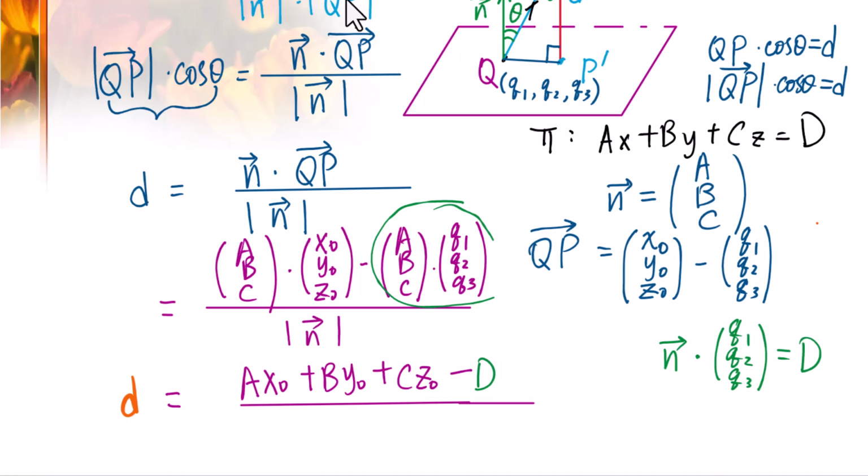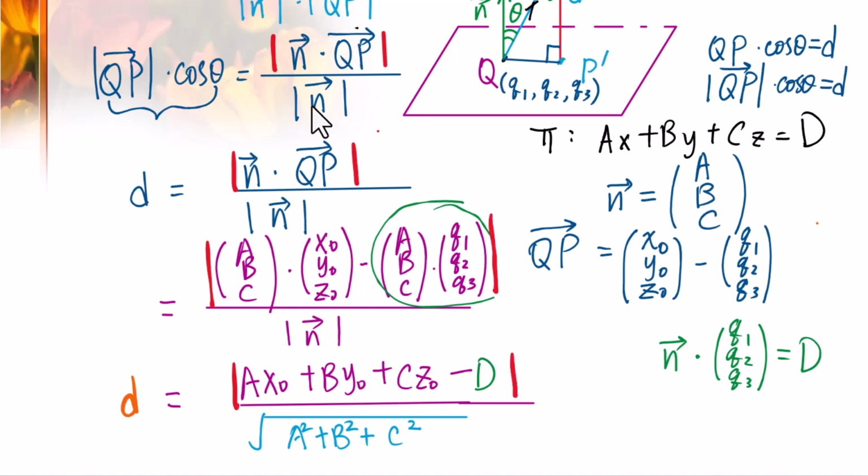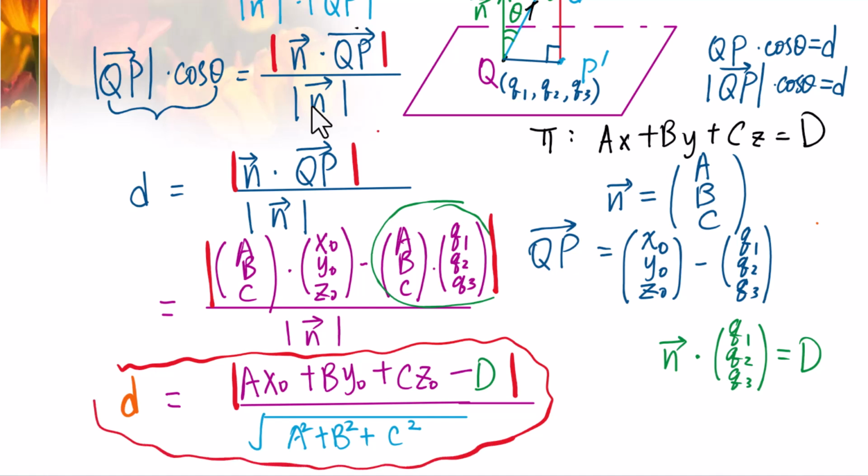The absolute value of normal vector n will be the square root of a squared plus b squared plus c squared. Since we are looking for the distance d, we will put an absolute value on the numerator. And this is the shortest distance formula for a point to a plane.